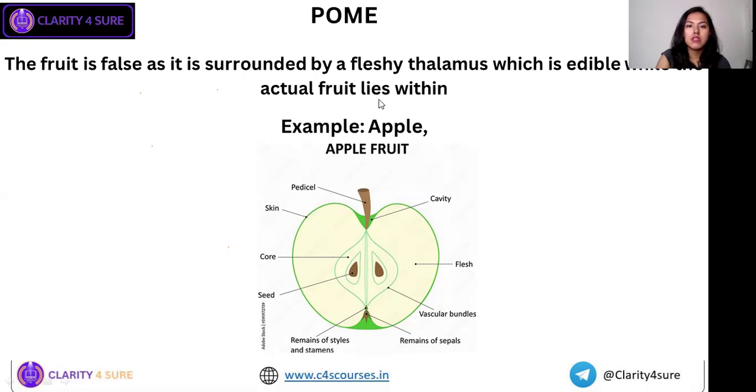You can understand from the diagram also how the pome develops. The edible portion of pome fruits is fleshy thalamus. Example is your apple fruit. Pome fruits belong to the Rosaceae family, the apple family. Apple, pear, peach, plum, loquat, all have pome as their fruit type. So Rosaceae family has pome fruits.